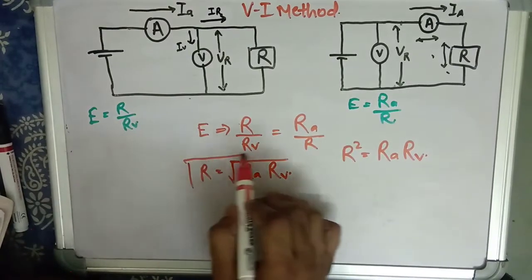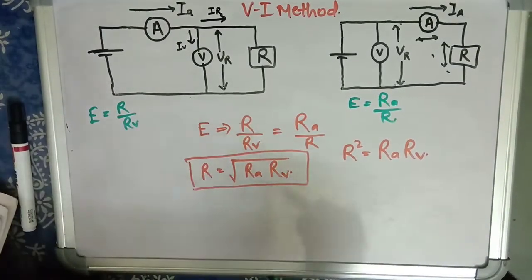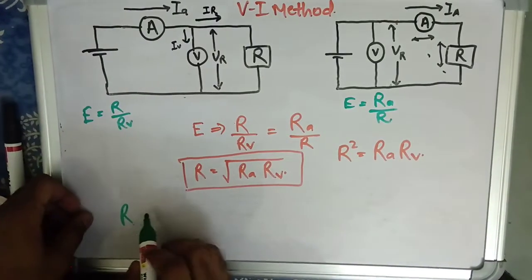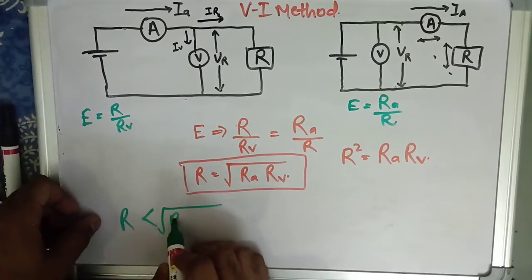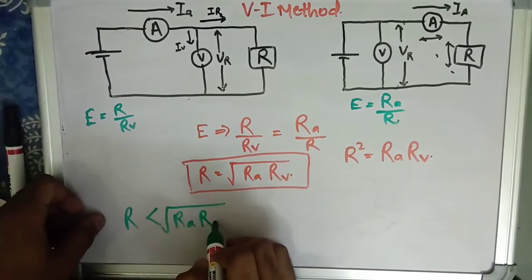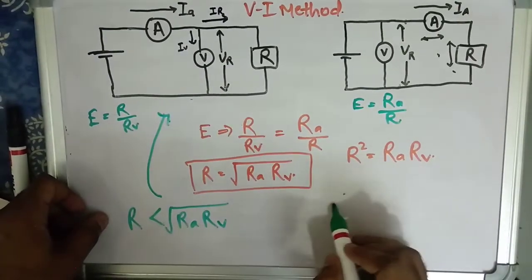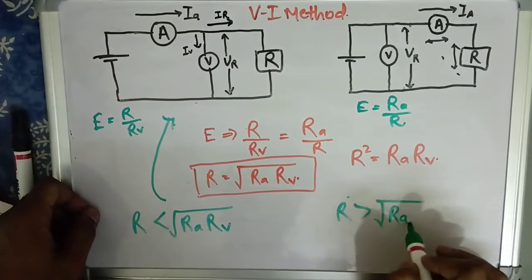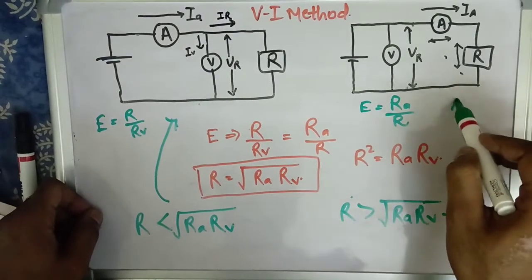This is our main resistance value. If R is less than under root Ra Rv, then we go for this circuit, and if R is greater than under root Ra Rv, we go for this circuit.